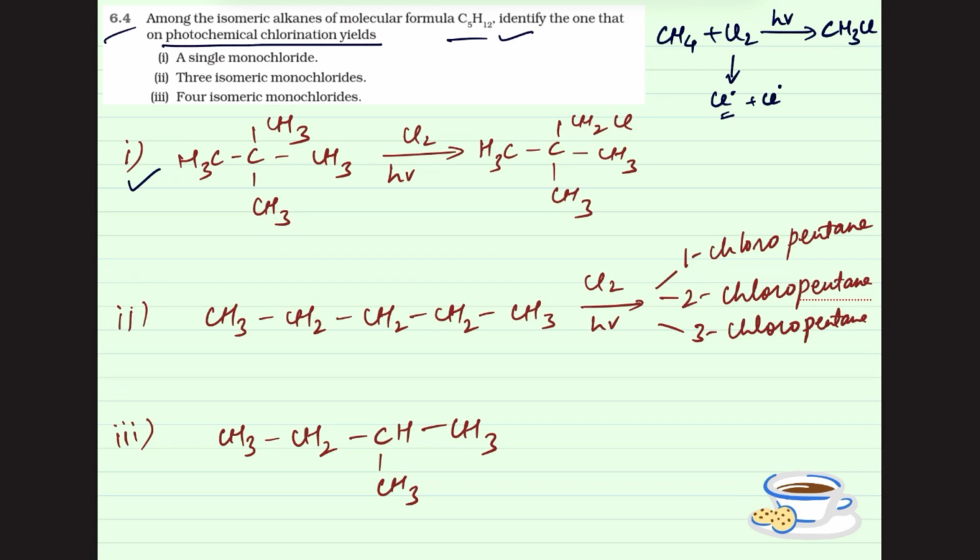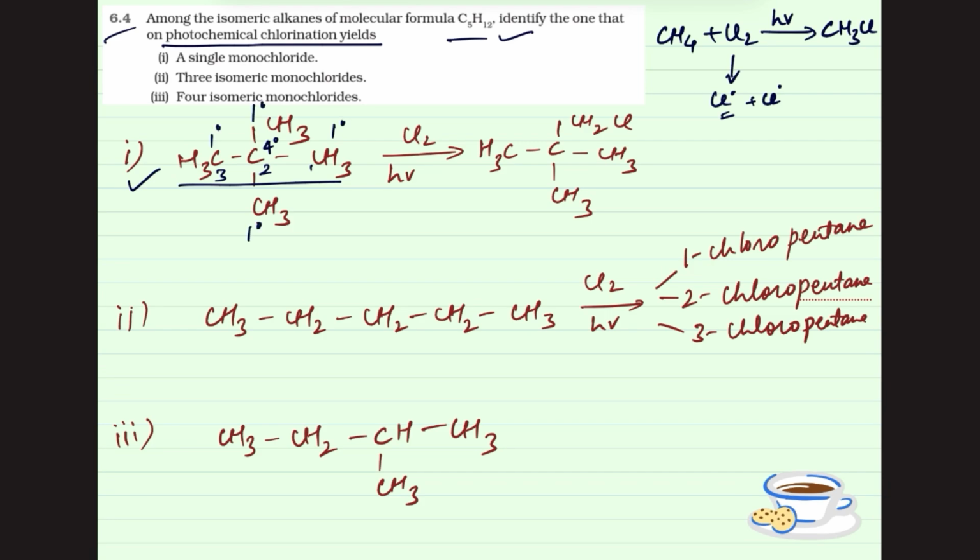Its IUPAC name will be, taking the longest carbon-carbon chain and numbering the chain as 1, 2, 3, 2,2-dimethylpropane. In this isomer, the second carbon is the quaternary carbon, and the other carbons present as methyl groups are all primary carbons.